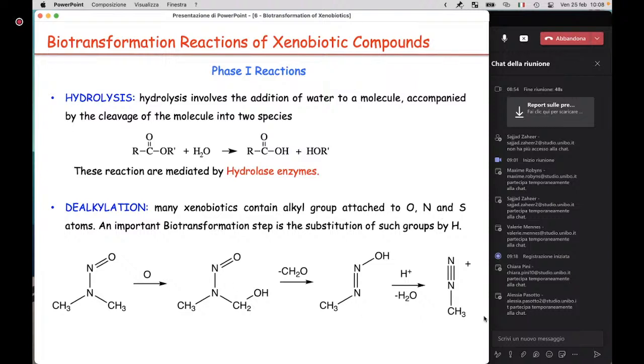But this is not important. What is important is that we can have a sequence of reactions with different phase one reactions happening on the same or on different parts of the molecule. So the final molecule can be also quite different from the starting one.